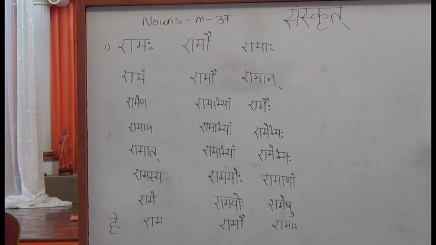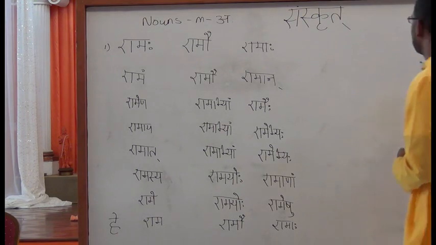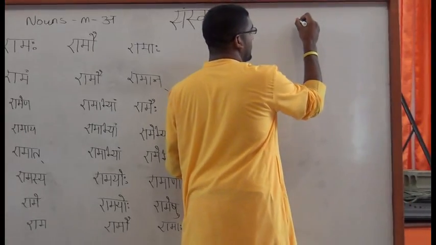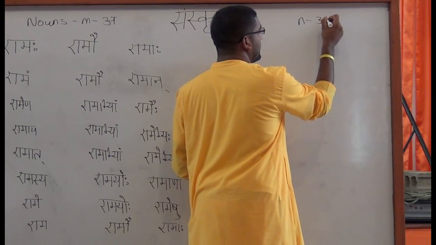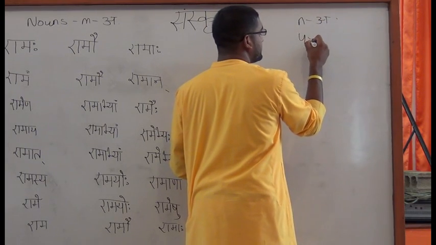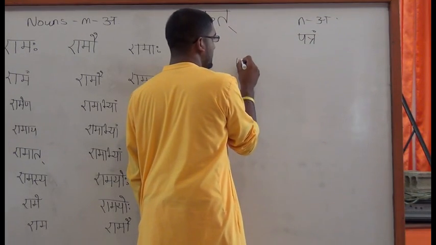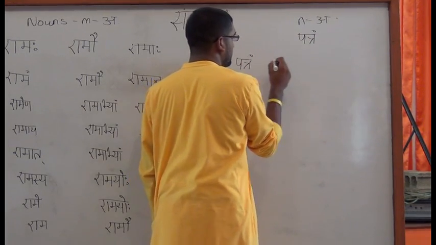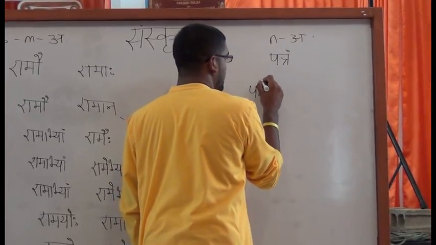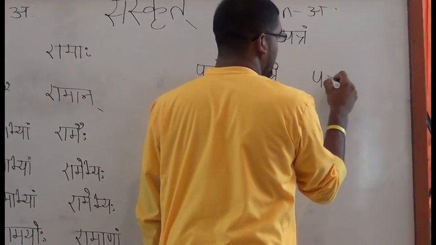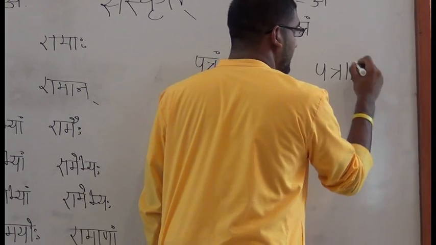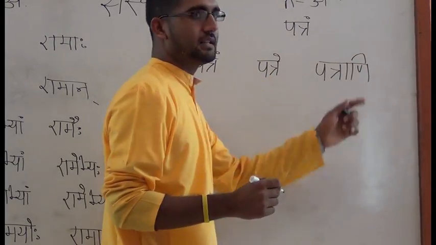So we have the masculine noun ending in a. Neuter noun ending in a. We do patram. So the first two cases: patram, patre, patrani. Why is it this now?